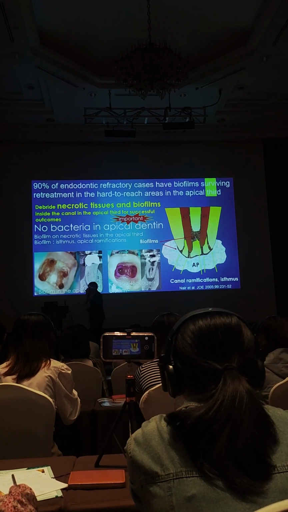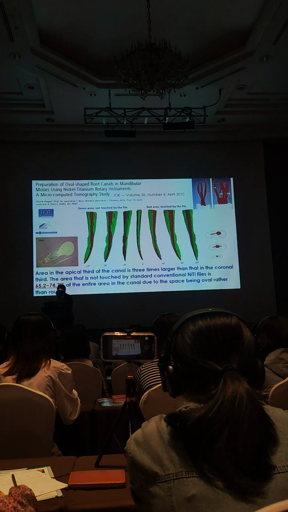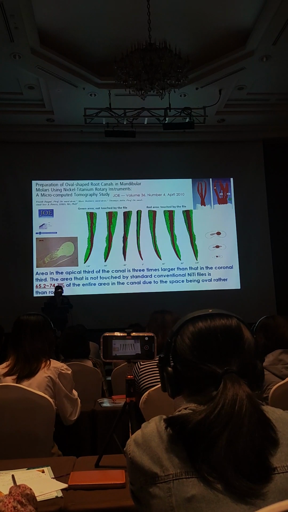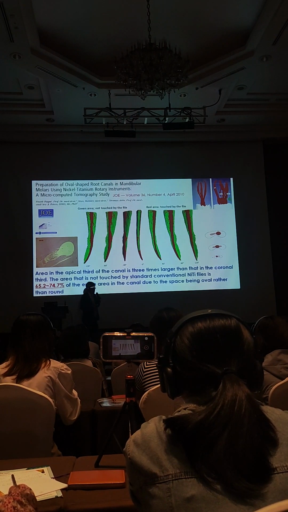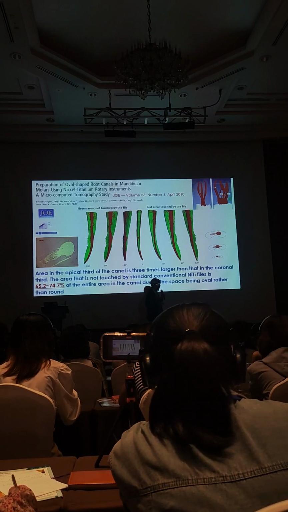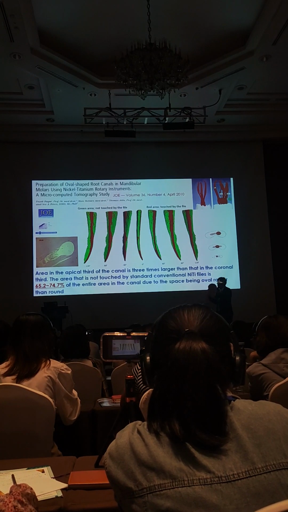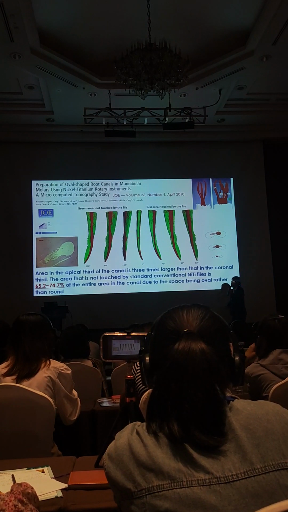So you need to change your treatment plan based on the finding from the CBCT. Very, very important. In addition to that, the area in the apical 1/3 of the root canal is 3 times larger than that in the coronal 1/3 because of the isthmus or an oval root canal. So that's why you have more spaces in the apical 1/3 compared to the coronal 1/3. That's why you need to take more time cleaning and shaping in the apical 1/3.